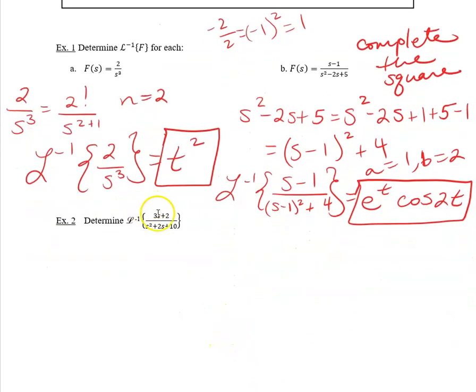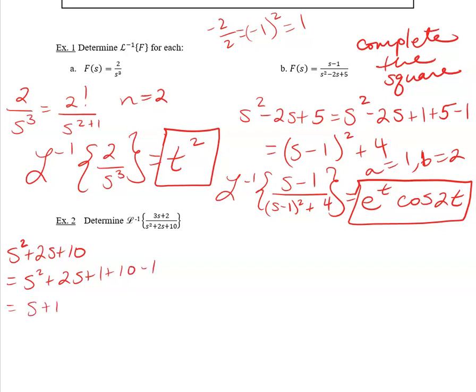Let's do one more here. 3s plus 2 over s squared plus 2s plus 10. Again, we have a quadratic in the denominator. I don't think it factors. So let's just try completing the square and see what happens. s squared plus 2s plus 10. If we complete the square, that gives me s squared plus 2s plus 1, plus 10 minus 1 to balance it out.